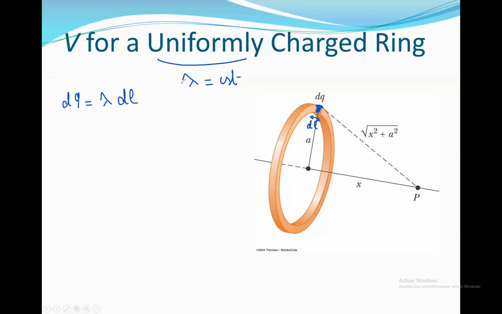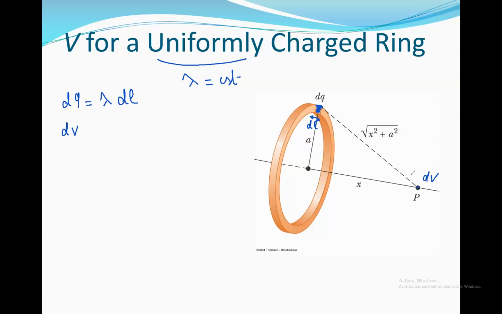Okay, to calculate V, you know the relation dV created by dQ. So dQ will create here dV. Here it's not like the electric field, it's the electric potential. We don't have X and Y components. It's a scalar quantity. So it's easy to calculate dV.